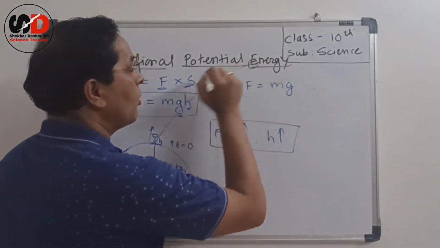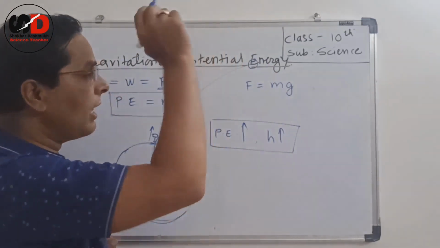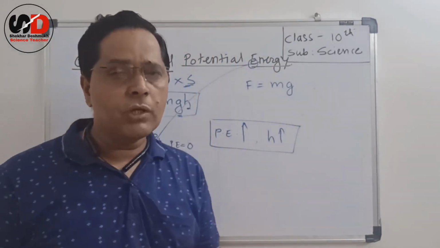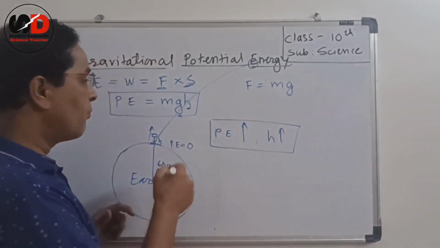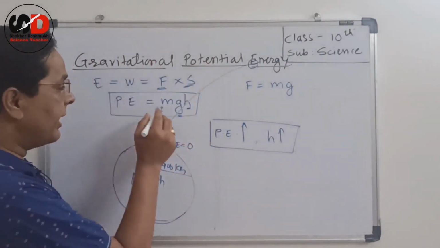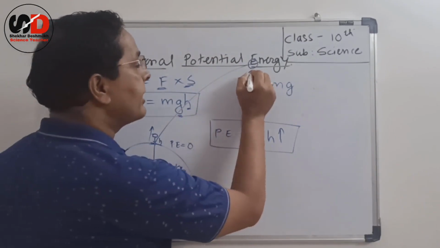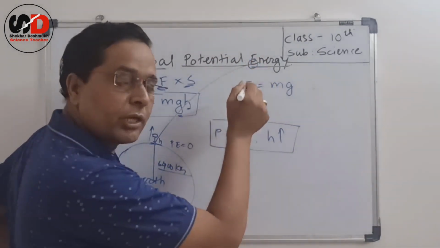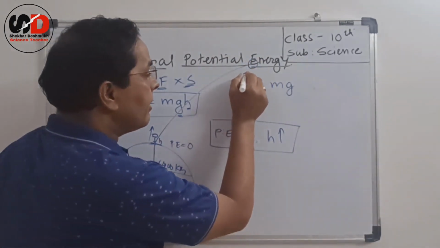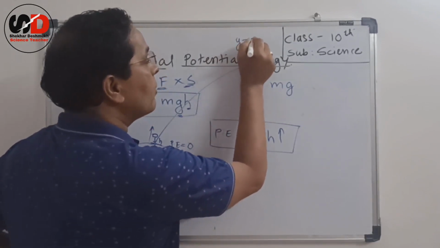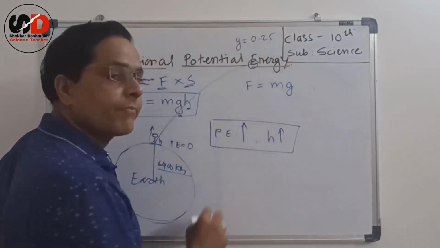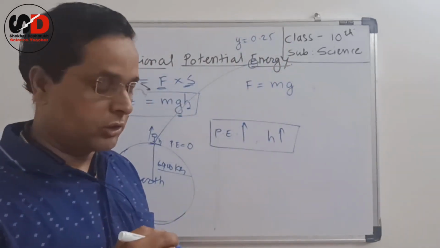Suppose the object is here at very large distance. We know as we go above the surface of Earth to very higher heights, then the value of g goes on decreasing. At the communicable satellite, at that place, the value of g is around 0.25 something. So this much small.